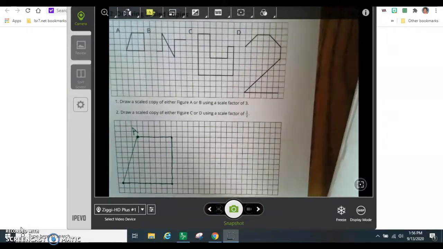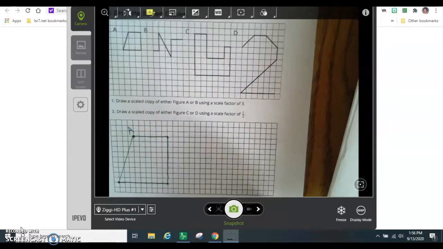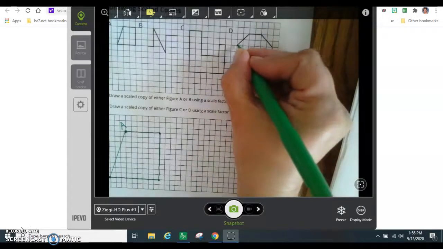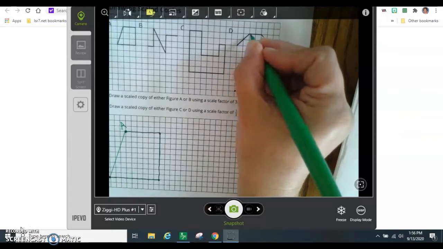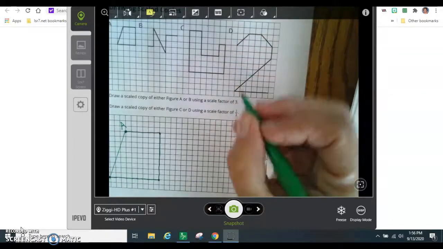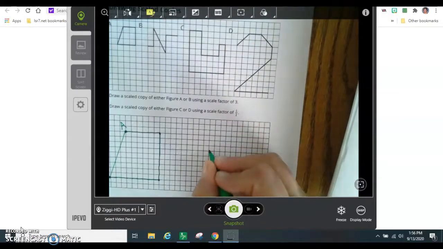Now next we want to make a scaled copy of either C or D using a scale factor of 1/2. So let's try D. We'll do one a little bit different than we did before. And if I'm going to go diagonally here, this is 2 squares long, so now half of that would be 1 square long.